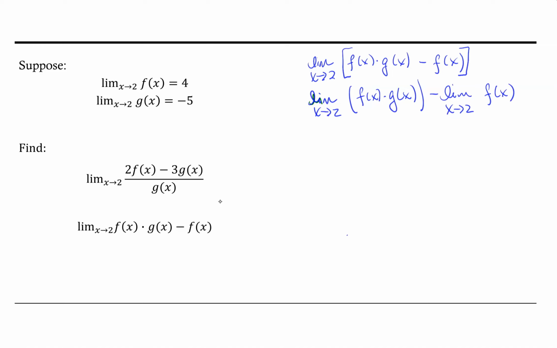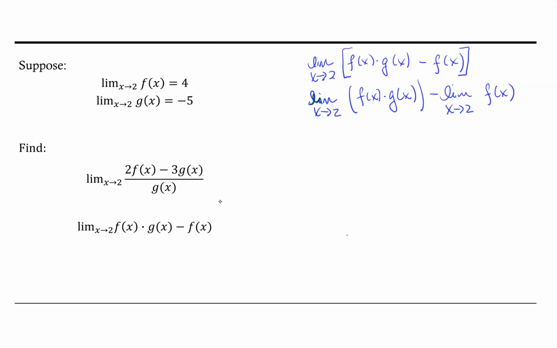So that right-hand limit is ready to apply, but we need to do a little bit more work on this first limit where we have the product of f of x and g of x. So we're going to go ahead and apply the product law for limits. The product law says that if I take the limit of a product of functions, that is equal to the product of the limits of the individual functions.